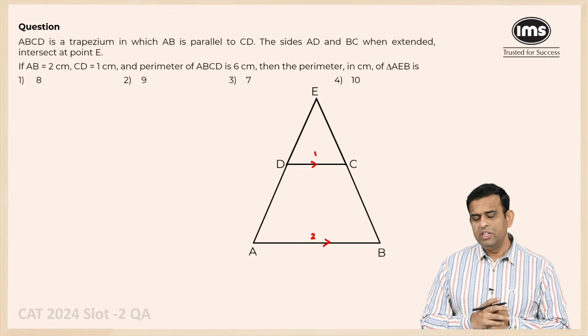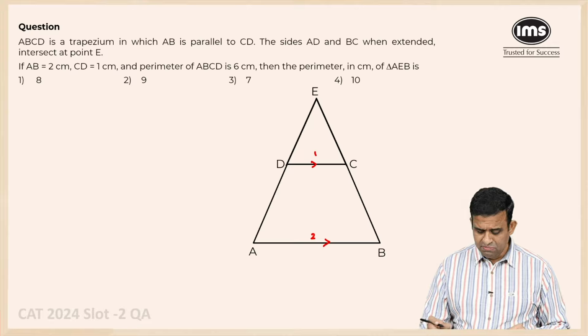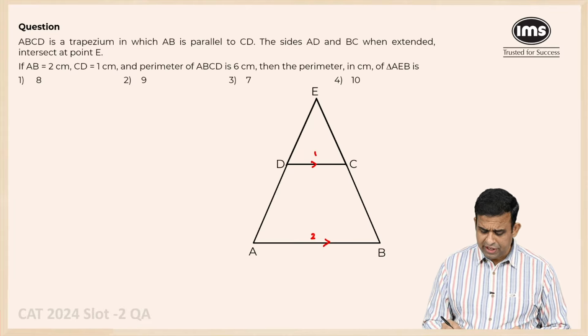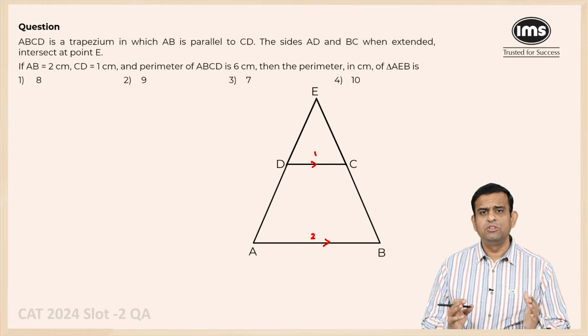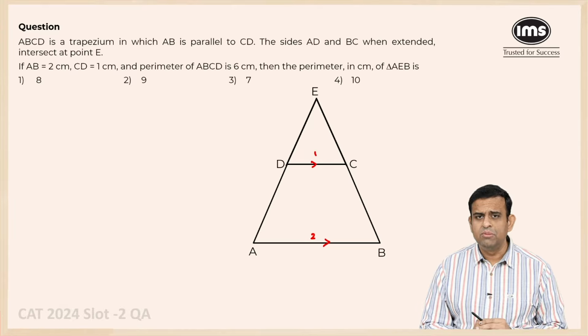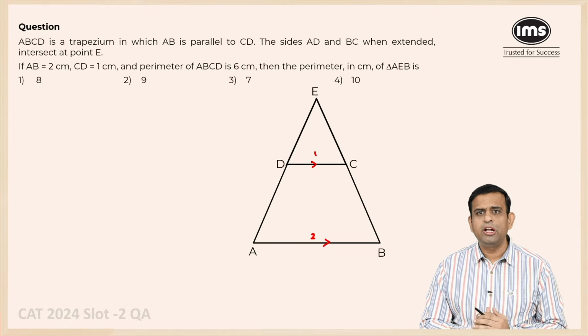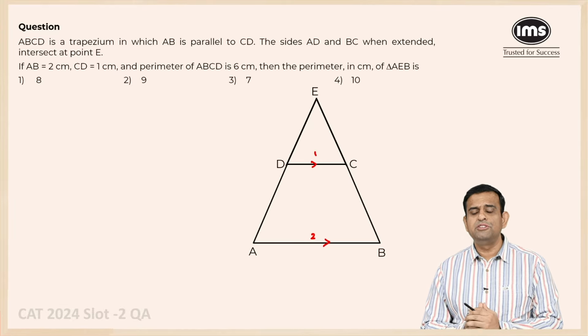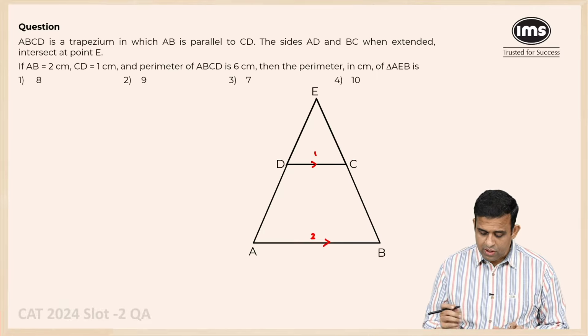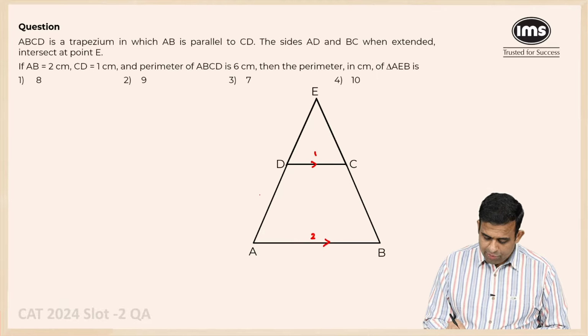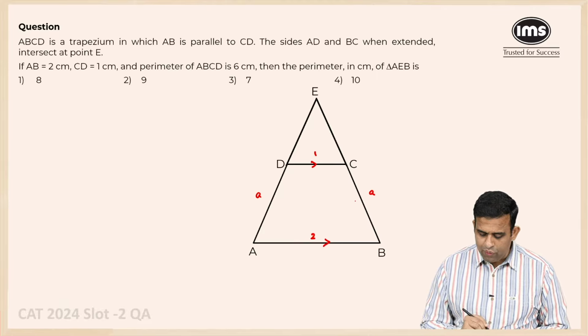Now what we can do in this case, understand, if I look at the trapezium ABCD, nothing was given about the type of the trapezium, so one possible safe thing to do was to assume this trapezium to be an isosceles trapezium. So I could have taken both of them to be equal to a and a here.